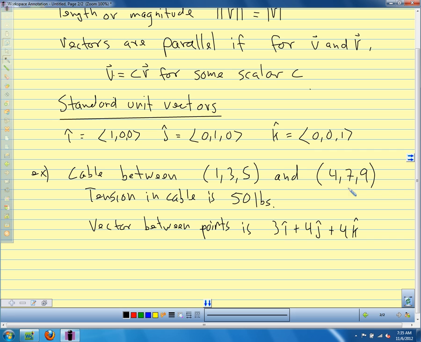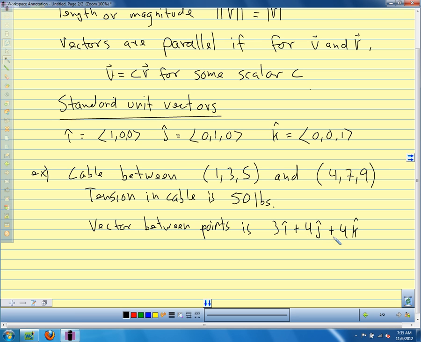I know that the tension in the cable is 50 pounds, and it is in the direction of this vector, right? It can't be in any other direction. The tension has to be in the cable. So if I have 50 pounds and my tension is acting in the direction of this vector, what do I need to do to this vector?